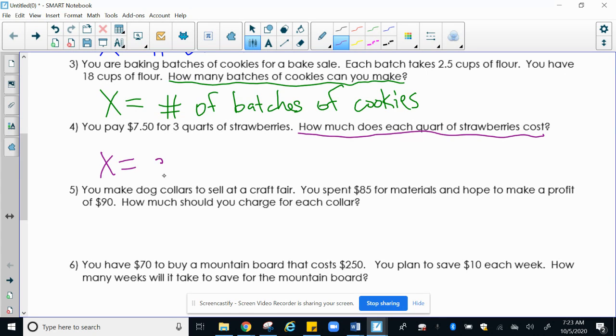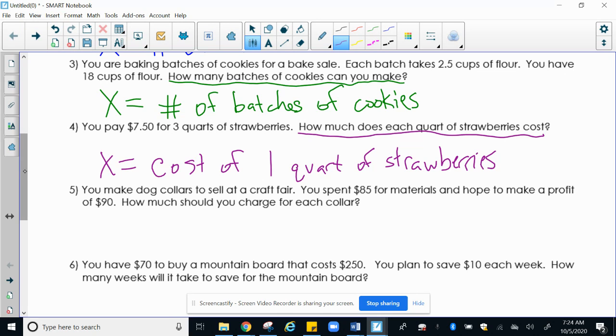So we would say the cost of, notice it said each, or 1 quart of strawberries. We don't want to say the cost of all the quarts of strawberries, just one of them, because it said how much does each quart cost.